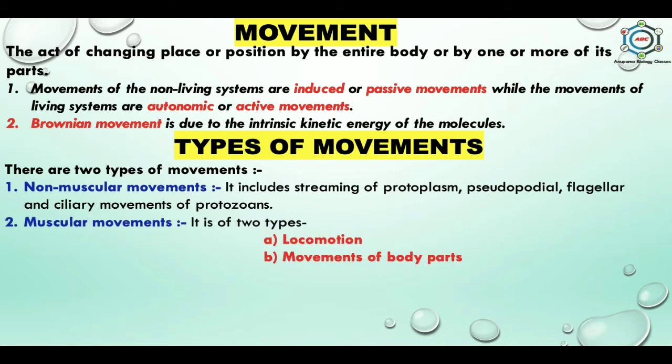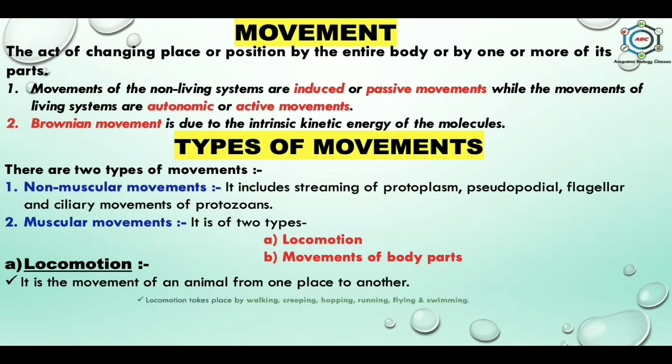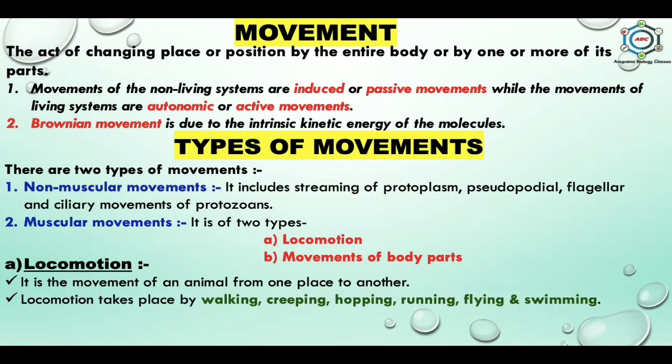Second is muscular movement. It is of two types. First one is locomotion and second is the movements of body parts. In case of locomotion, it is the movement of an animal from one place to another. Locomotion takes place by walking, creeping, hopping, running, flying and swimming.